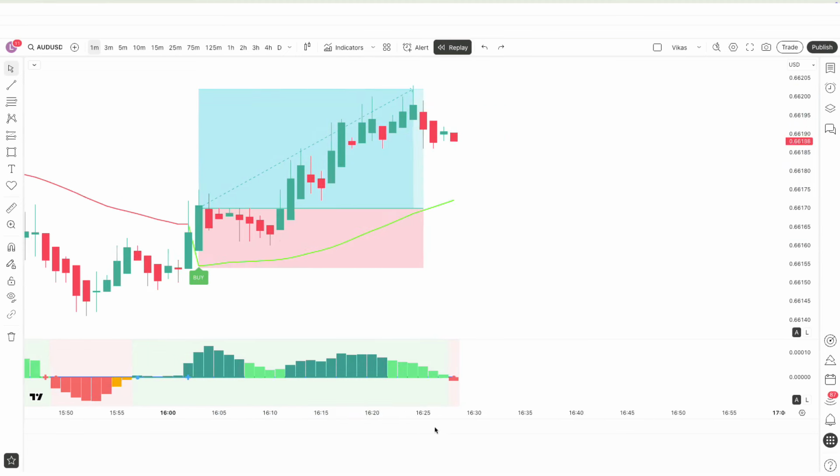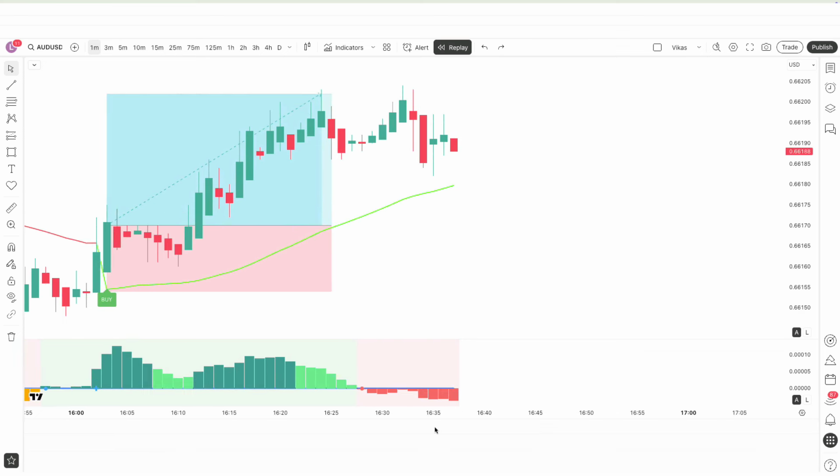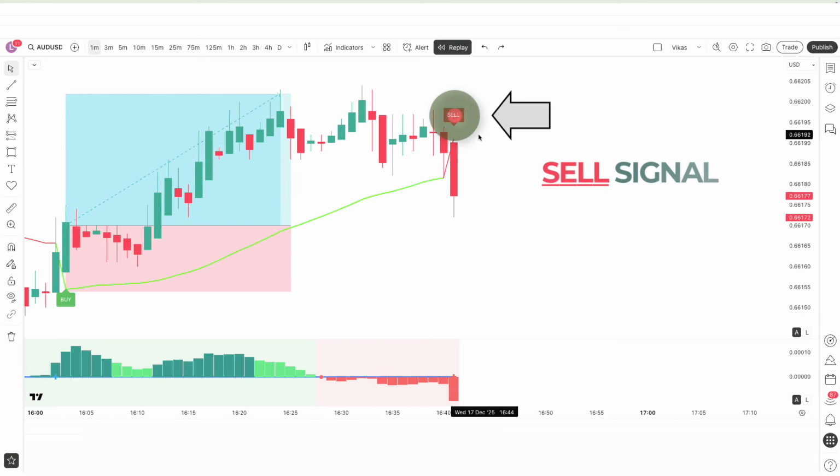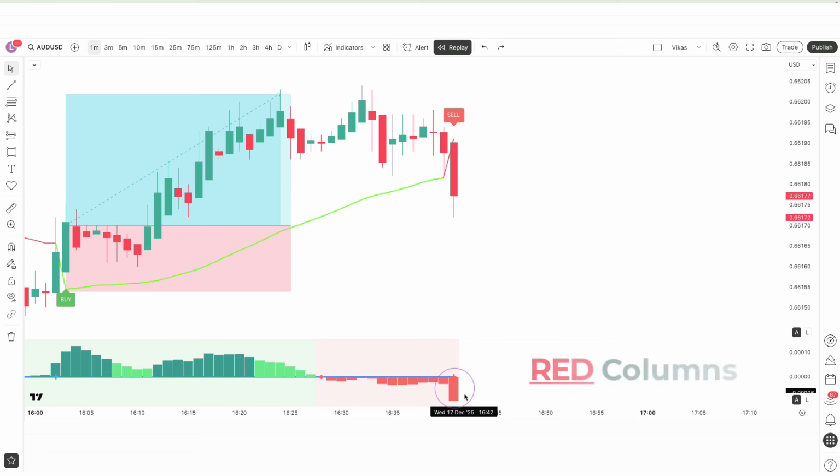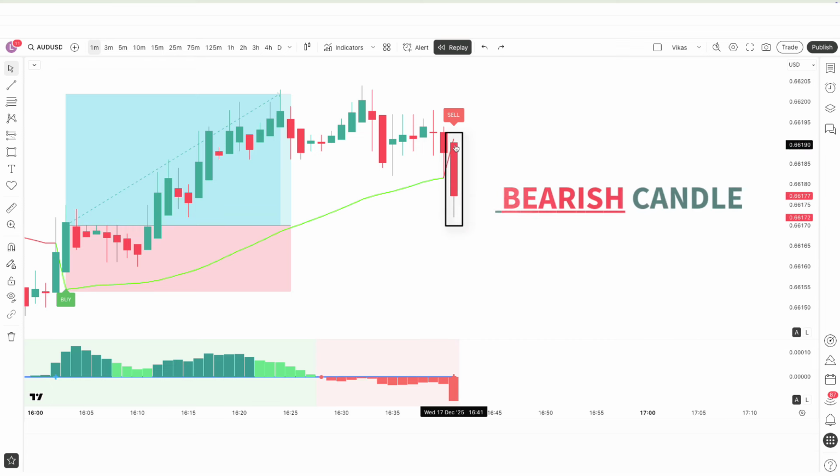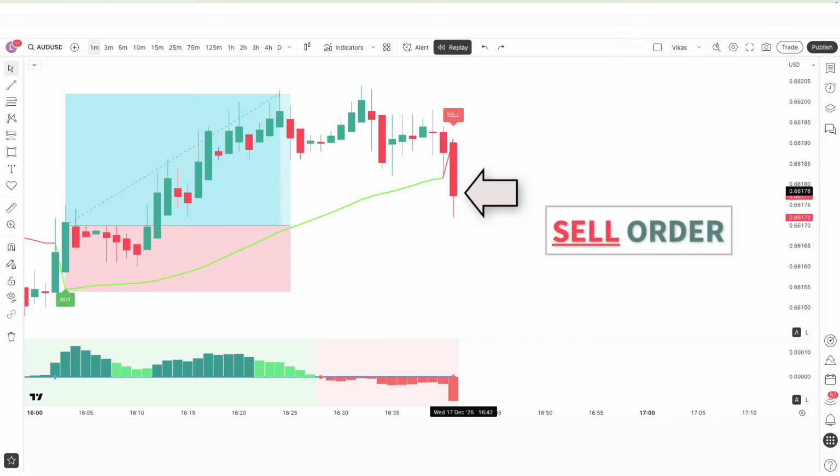Let us now understand the short position. When the SSL Trend Analyzer Indicator gives us a sell signal, the red columns of the Super Trend Oscillator should be below the 0 line, and the market forms a bearish candle. If this condition is fulfilled, then we will place a sell order.